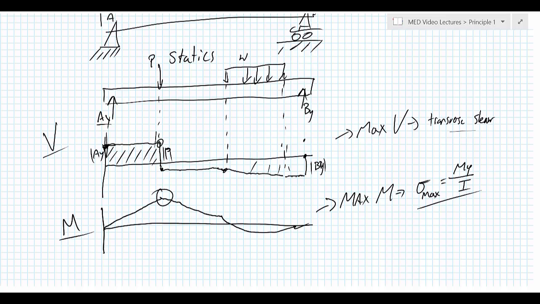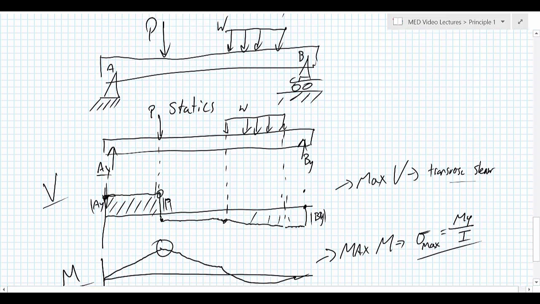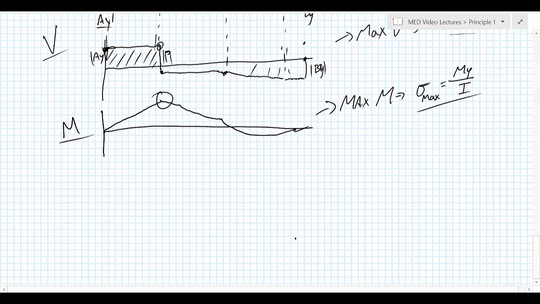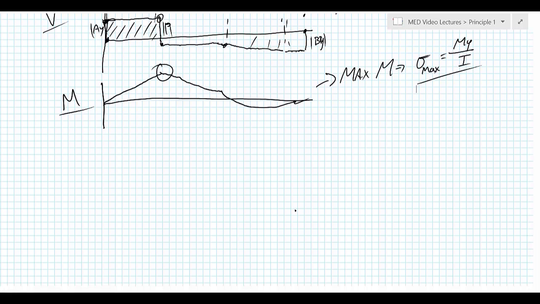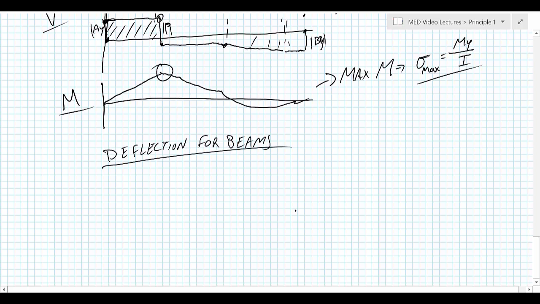For that, we would have needed to do calculus or the integral or start it backwards. So I suggest two ways of finding deflection for beams. The two ways are the easy way, that is, when the situation is just one or two loads, you can break it up very easily and use superposition.